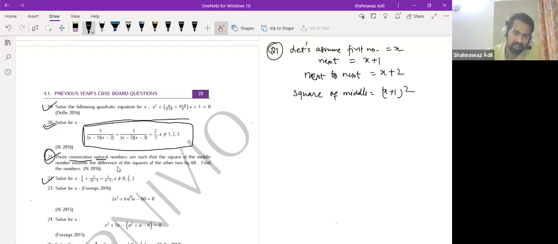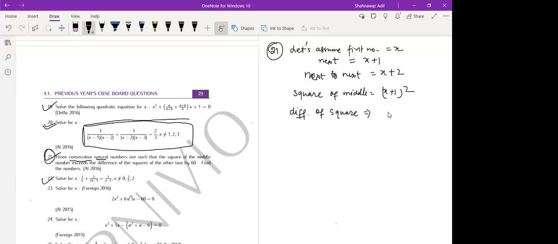Exceeds the difference of the squares of the other two. So let me write it as the difference of squares of the other two. What is that? x plus 2 the whole square minus x square.